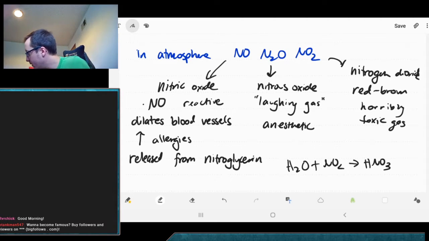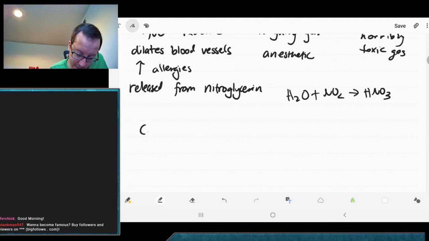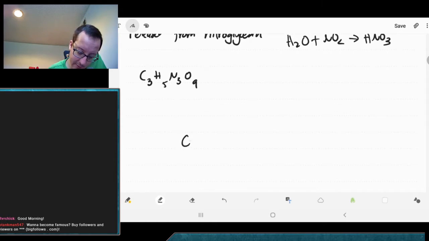Okay, let's talk about nitroglycerin. That was a cool one. So nitroglycerin has a formula of C3, okay, I don't remember, H5N3O, probably 9. Yes. It has the kind of structure of this.